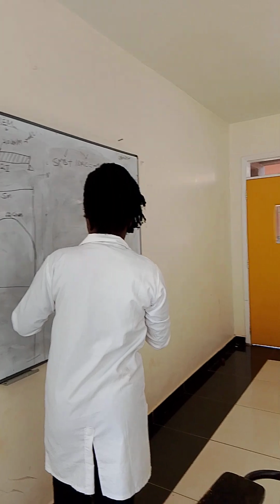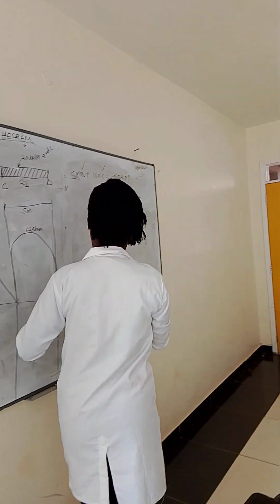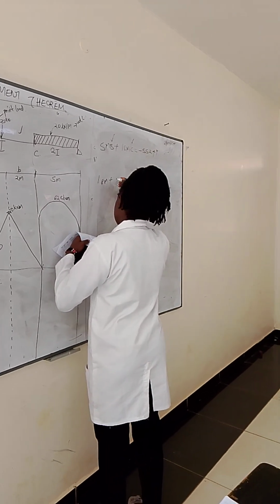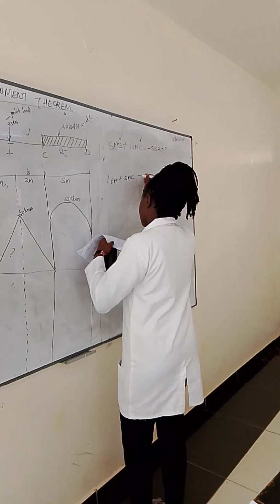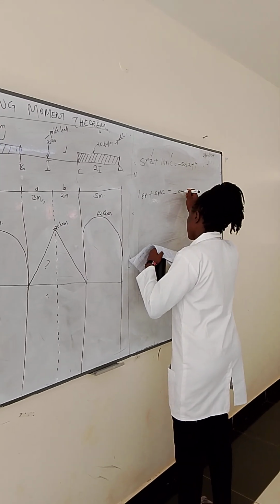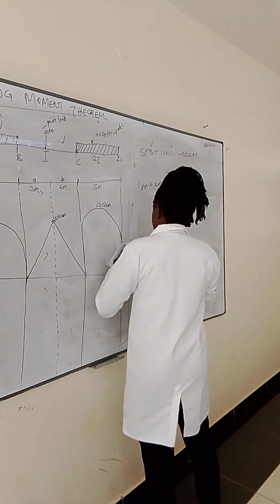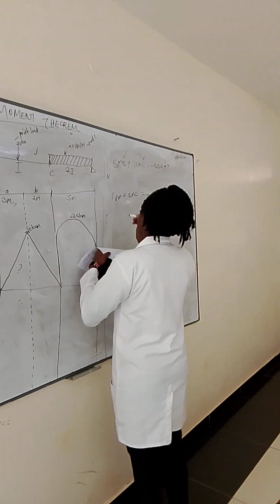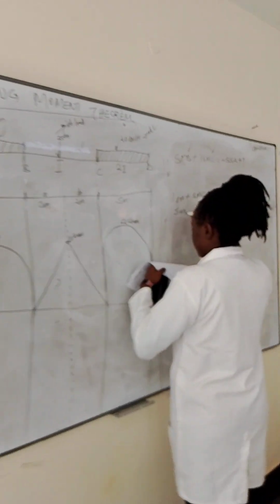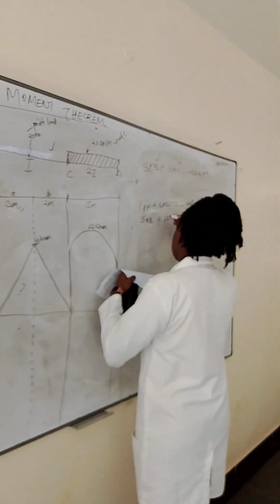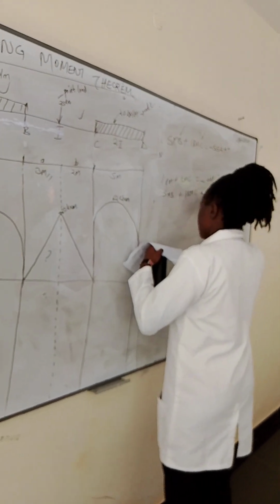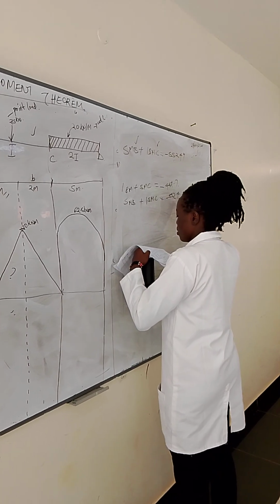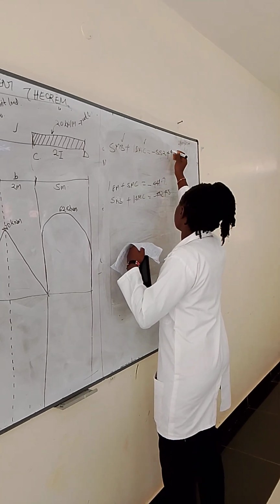Are we together? So the first equation was 18MB plus 5MC is equal to 449.7. And then the other equation is 5MB plus 15MC is equal to negative 552.45.